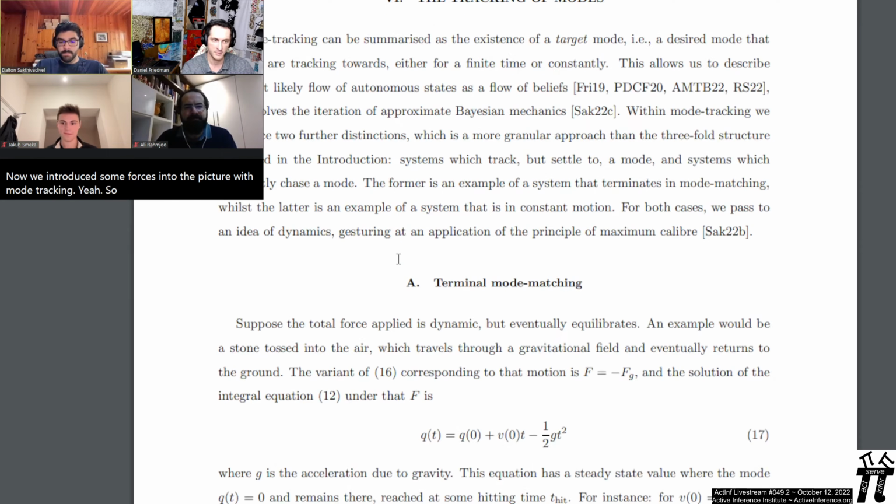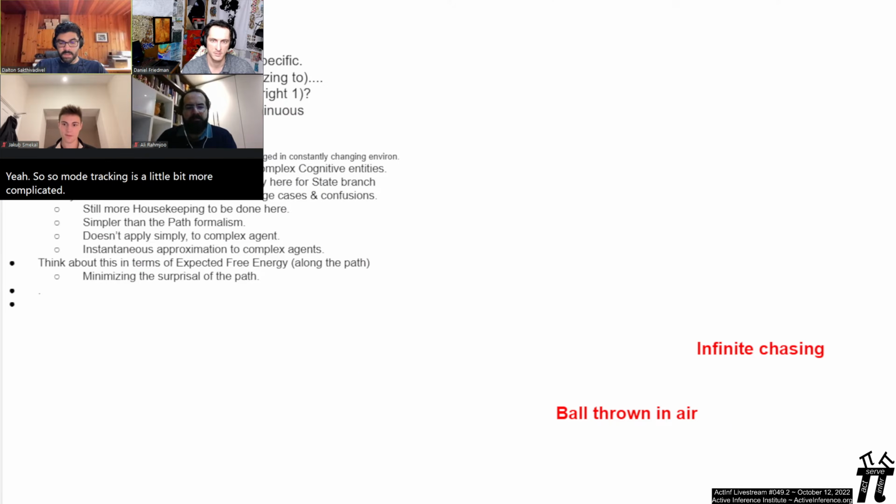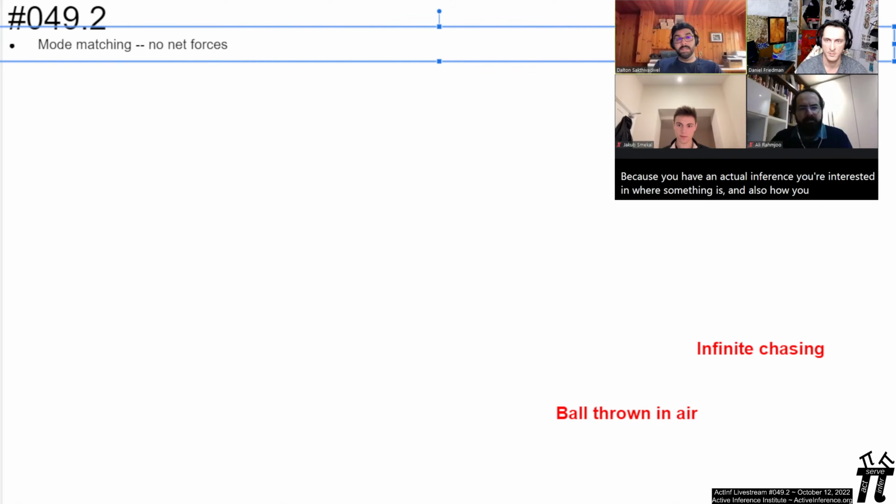Yeah, so mode tracking is a little bit more complicated because you have an actual inference. You're interested in where something is and also how to get to it.